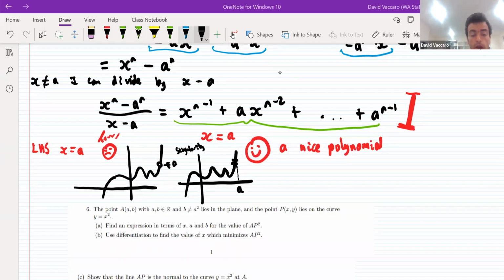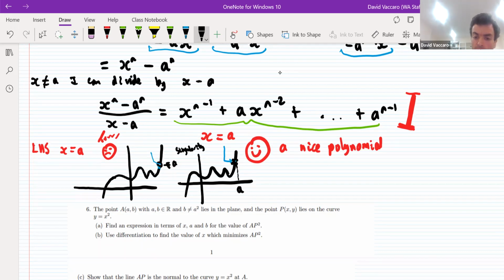So this value here, this hole in the function, the first thing I can say is it's going to be equal in y value to where this polynomial on the right is perfectly well behaved.